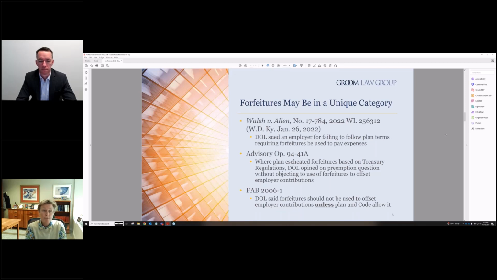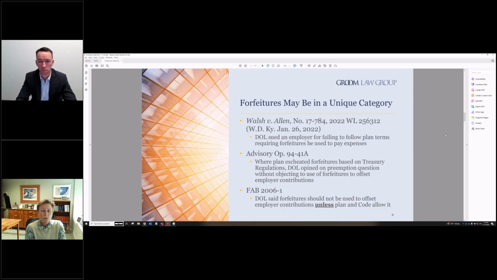Can we escheat that money to the state? And DOL said, as long as the plan terms say that you can do that, they made a call on the preemption. But again, if they thought that it was a problem to use forfeitures for something other than plan expenses, you'd think they would have mentioned it.